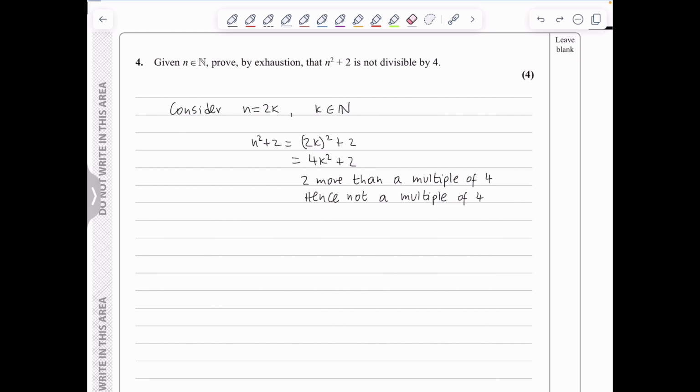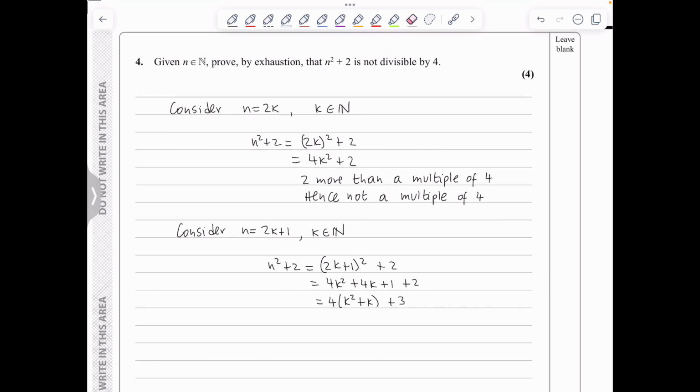Now we will proceed by considering n is 2k plus 1, where k is in the naturals, so this time we are considering the possibility that n is odd, and we've got n squared plus 2 being equal to 2k plus 1 all squared plus 2, which is 4k squared plus 4k plus 1 plus 2, which can be written as 4 brackets k squared plus k plus 3.